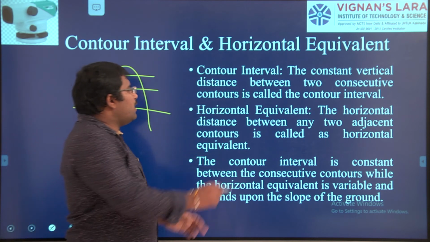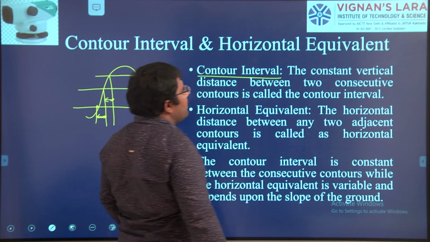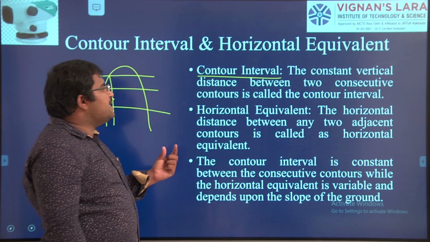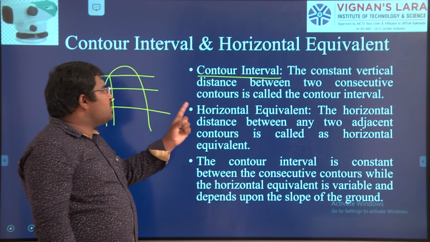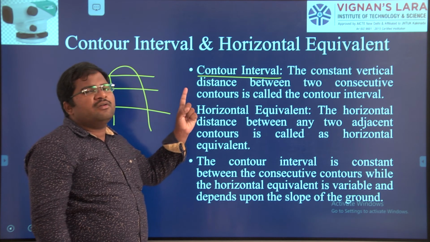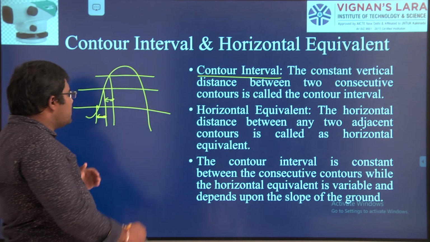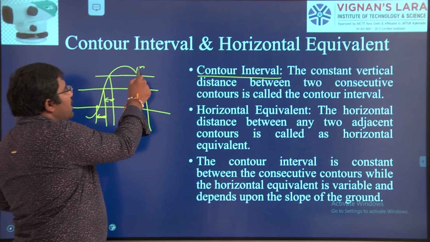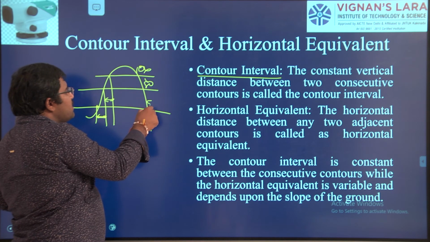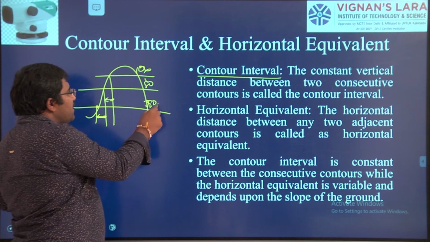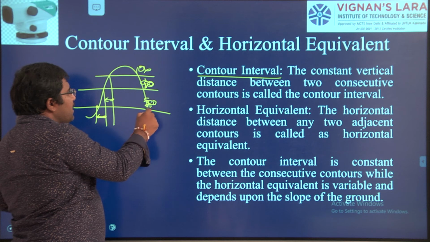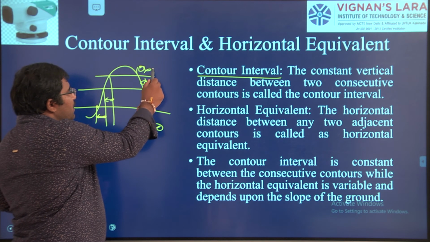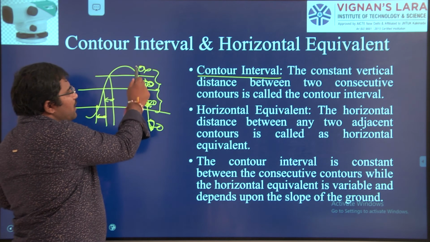Now, what is meant by contour interval? The constant vertical distance between two consecutive contours is called contour interval. Already we discussed that it is 100, 90, 80, 70, the difference in vertical distance, right?